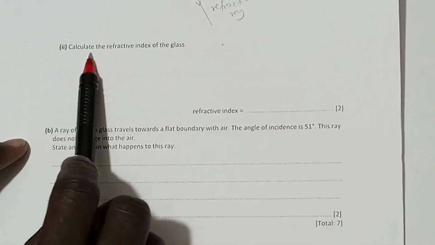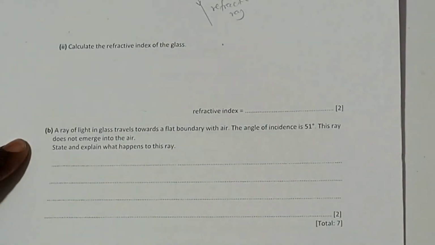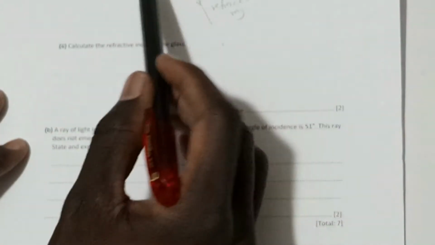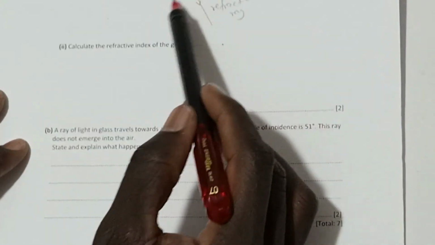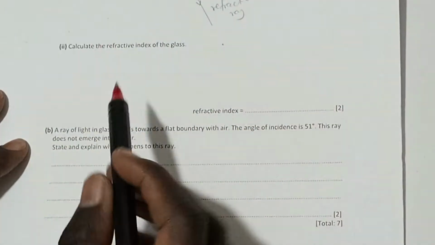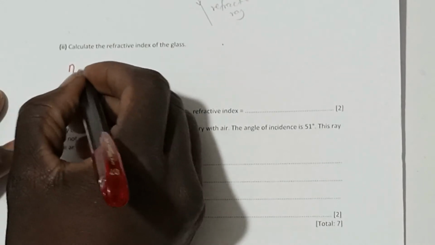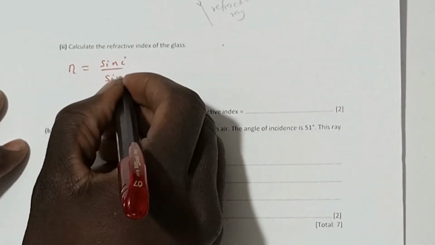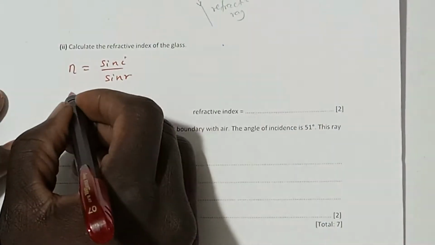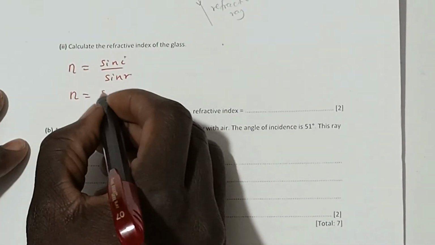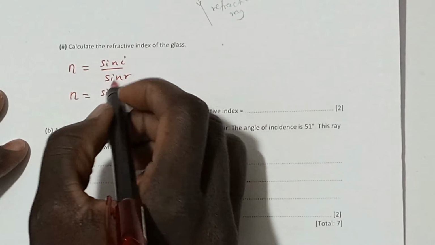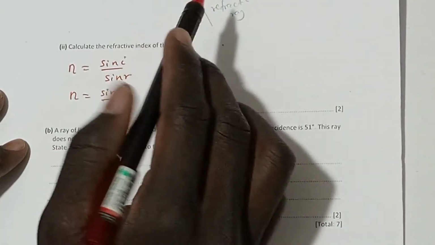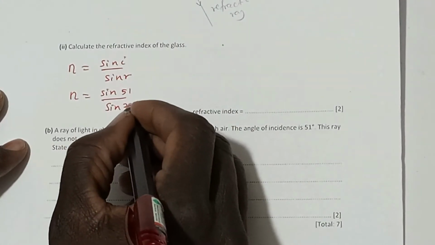Now this part: calculate the refractive index of the glass. We have been given the angle of incidence and the angle of refraction with respect to the glass. So we know that refractive index is given by sine i over sine r. And then this ratio will be sine of 51 divided by sine 29.